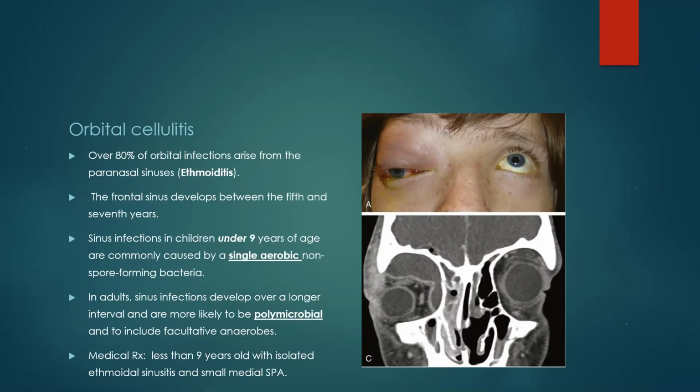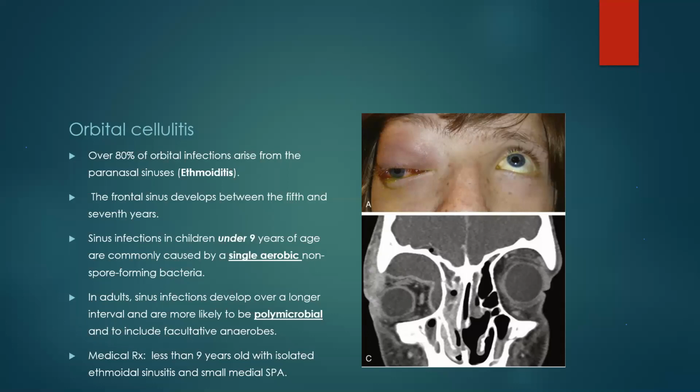So in medical treatment, IV antibiotics, we consider for patients less than 9 years because as we said, it's a single aerobic organism. So the antibiotics can be enough to cure the case.